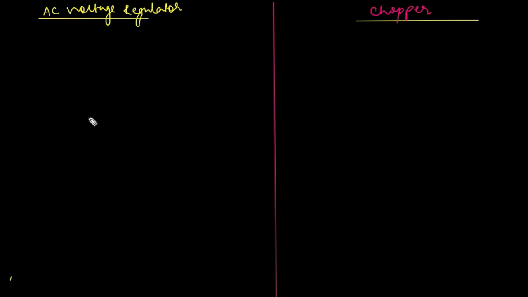We are having different types of things, like a transformer which is used to regulate the voltage, a thyristor voltage controller, and magnetic amplifiers which are used to vary the AC voltage, right? So I'm taking it one by one.